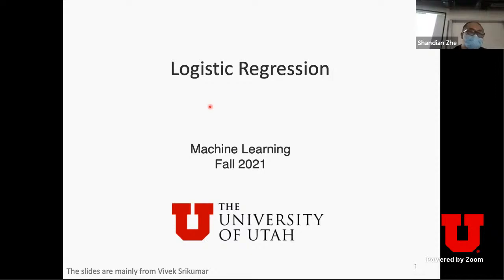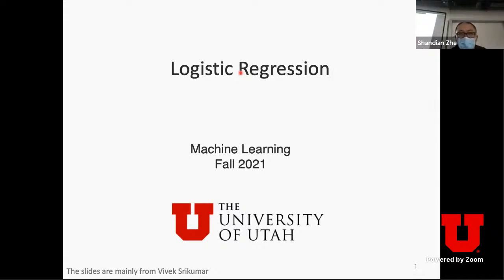So today, we're going to talk about an instance of Bayesian learning, which is called logistic regression, right? So logistic regression belongs to the first notion of Bayesian learning, meaning that we want to learn a mapping from the input to some chance, not just the label, right? The chance of being label one, right?